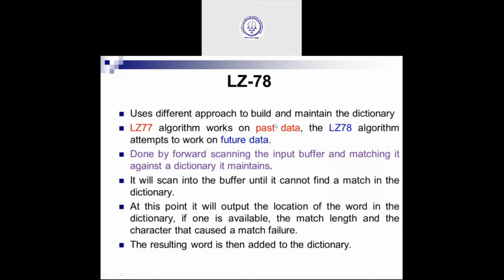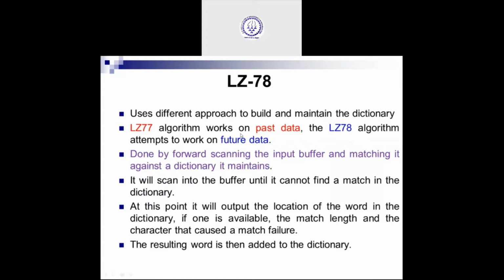Here the approach is to build and maintain a dictionary. The basic version, called LZ77, works on past data, whereas the LZ78 algorithm attempts to work on future data. This is the basic difference between LZ77 and LZ78.